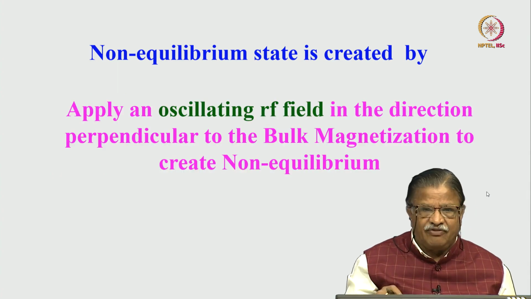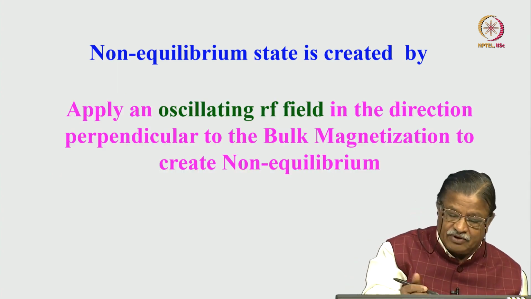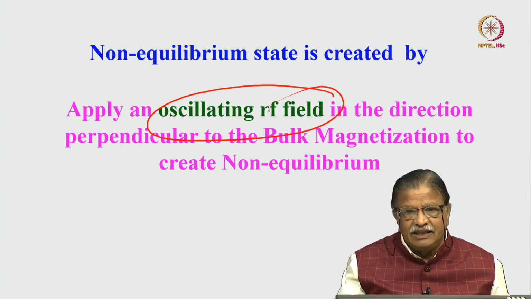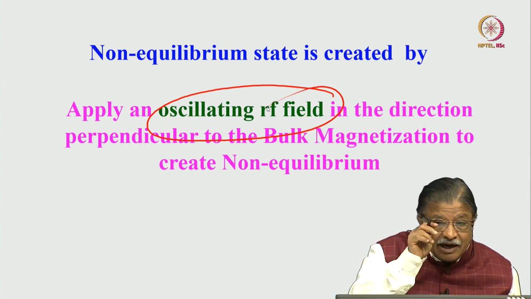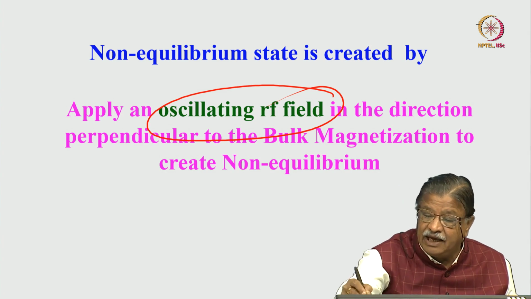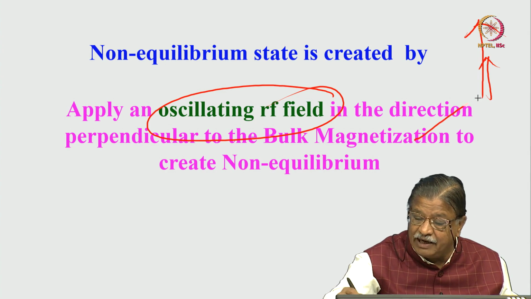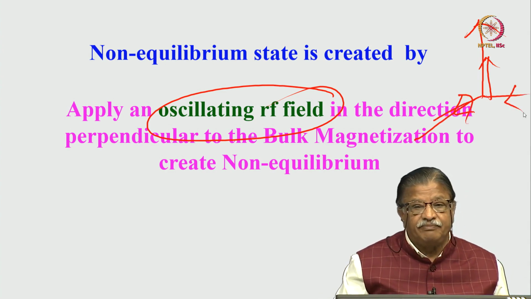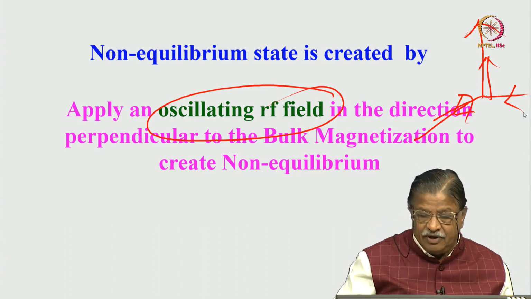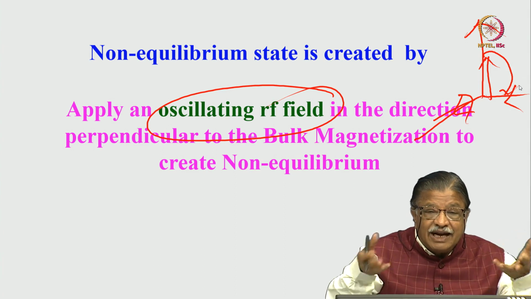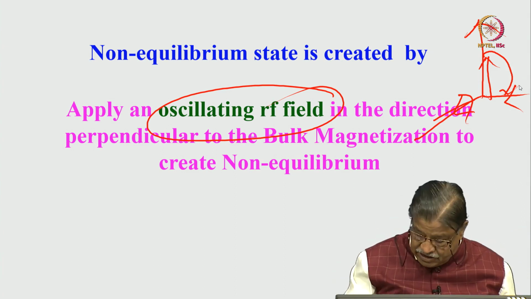There is a way of creating it. That is by applying an oscillating RF field in the direction perpendicular to the bulk magnetization. Let us say this is the z axis and the bulk magnetization is here. You have to apply in a direction perpendicular to it, either along the x axis or y axis, an RF pulse, so that the bulk magnetization can be tilted. There you create a non-equilibrium state, you perturb this spin system.